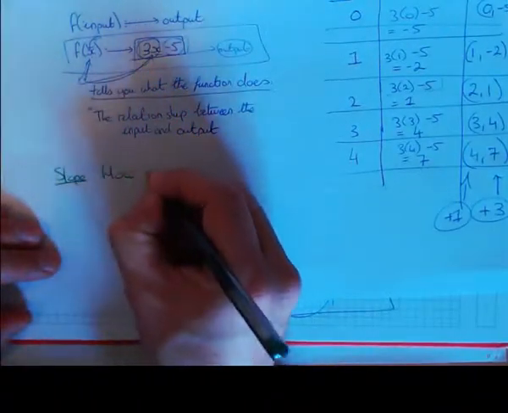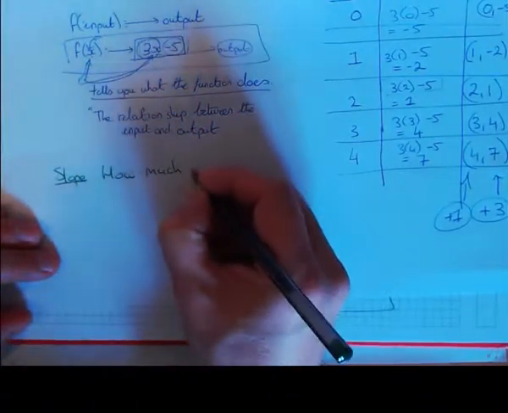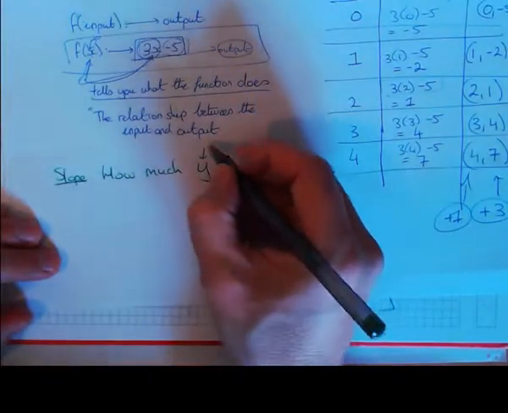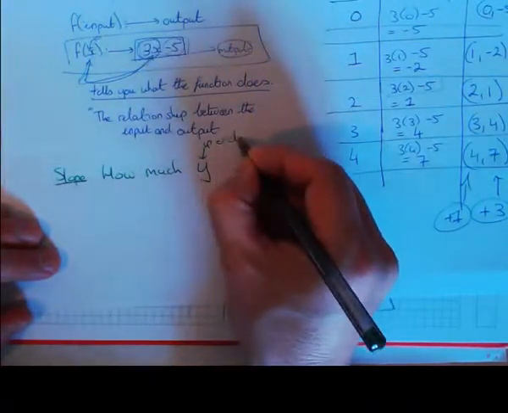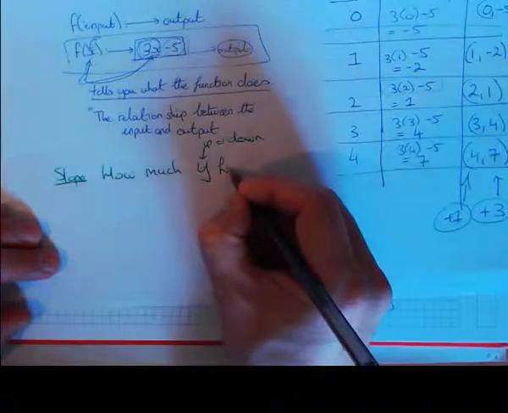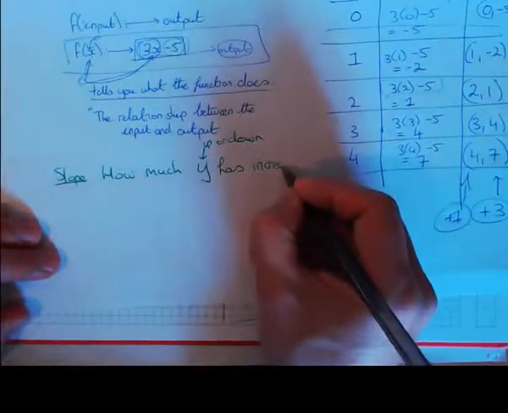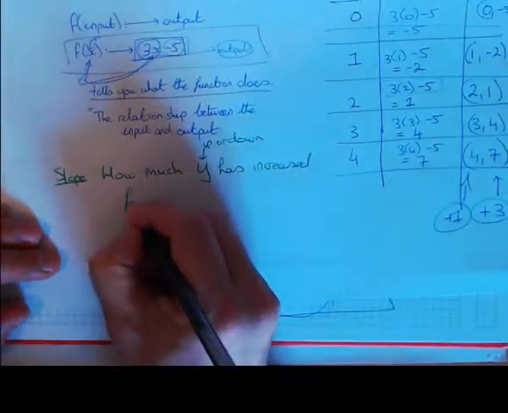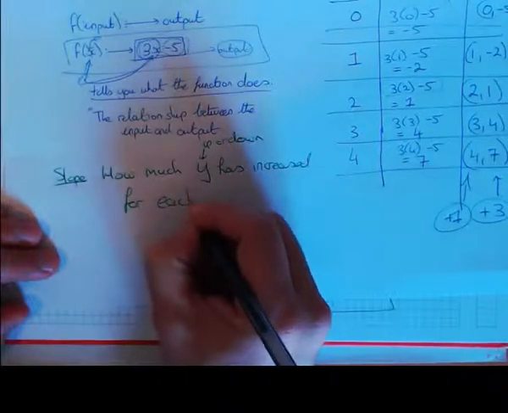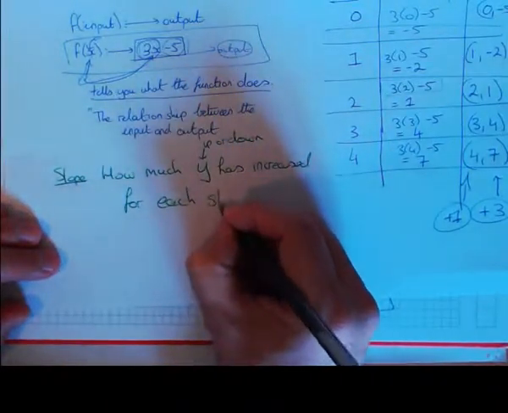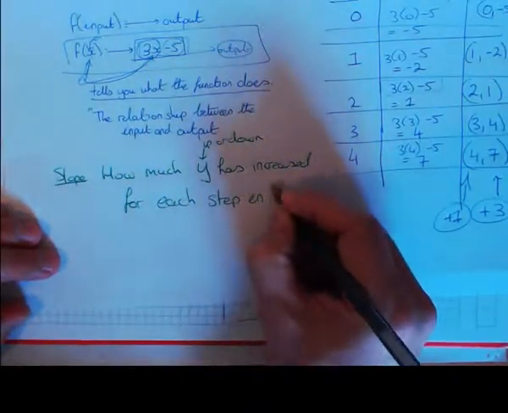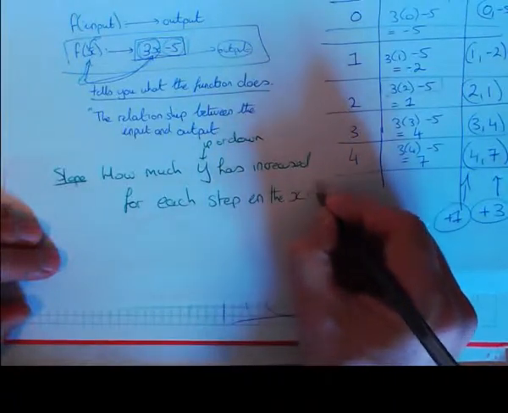So the slope is how much y, which is how much up or down, has increased for each step in the x direction.